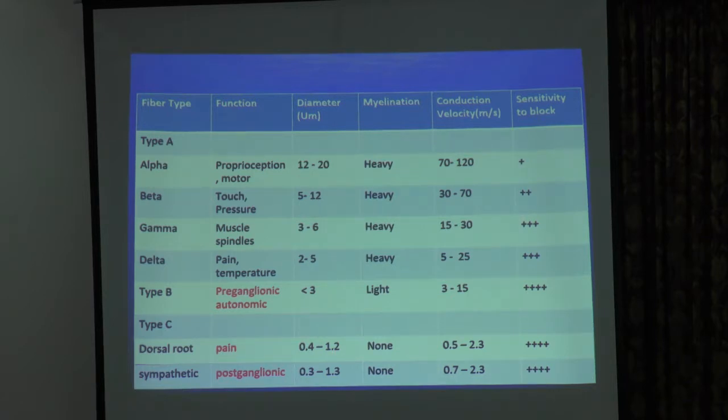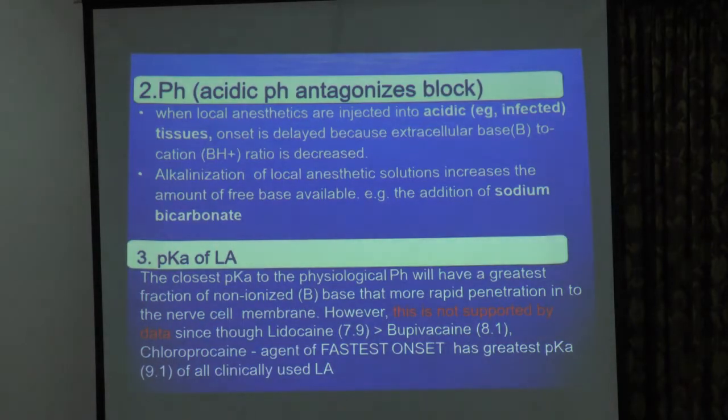Okay, so if you look at the table, it's self-explanatory. You can go on and do that. Also, the pH of the medium in which you are injecting your local anesthetic can also affect your onset of block, because the pH will affect the pH of the local anesthetic eventually.